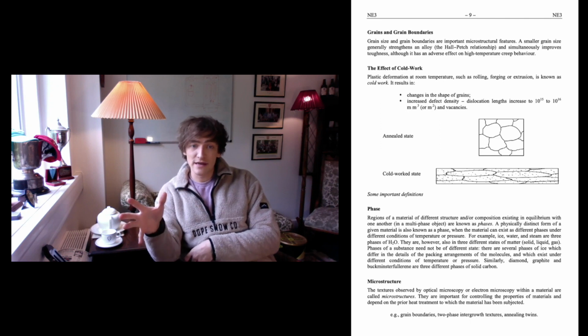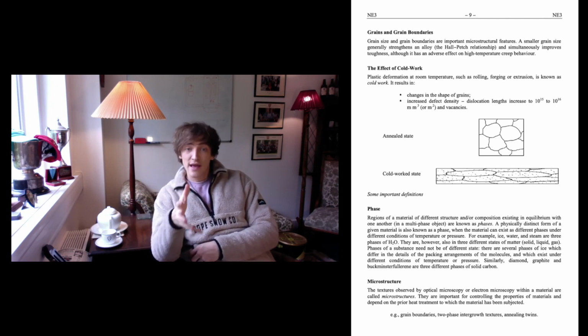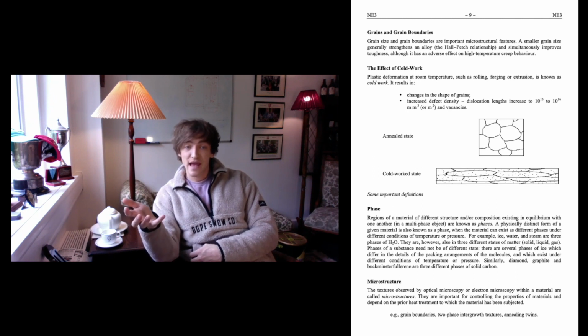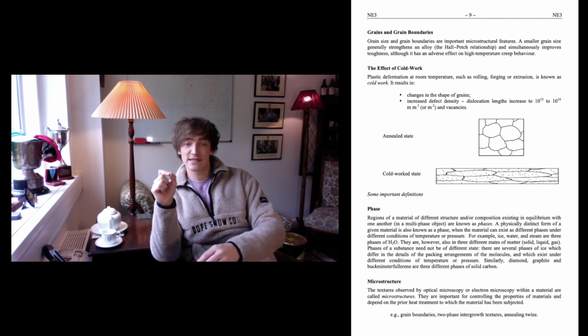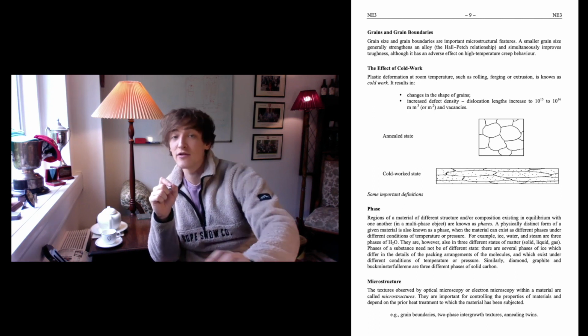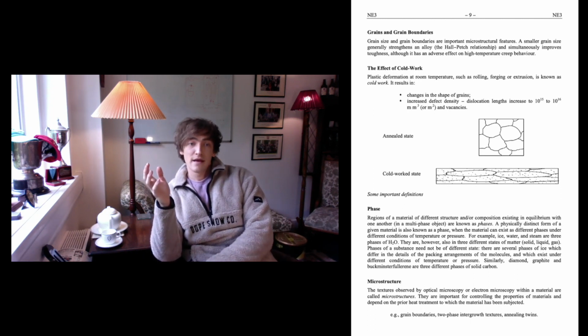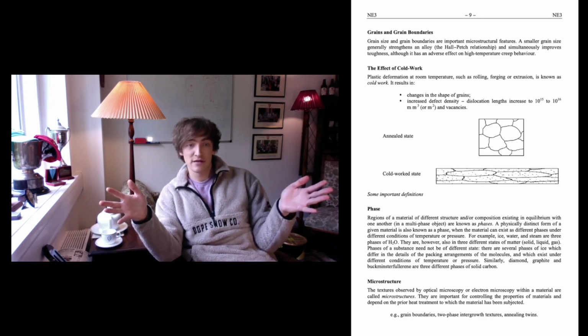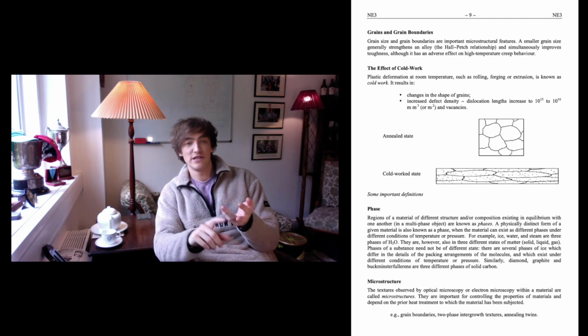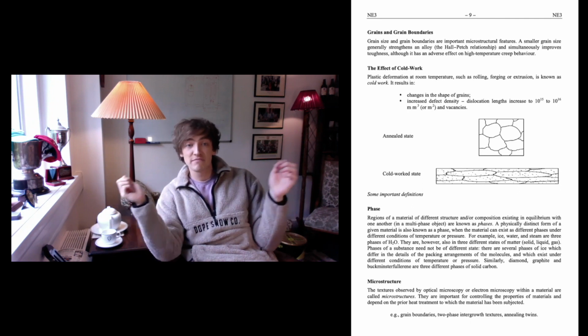So we've mentioned work hardening. Well, if that working is done at low temperature, it's called cold working. And cold working is useful. It's a very useful mechanical process to change a material's mechanical properties. Now, cold work can mean any mechanical processing at room temperature, such as rolling, forging, or extruding.